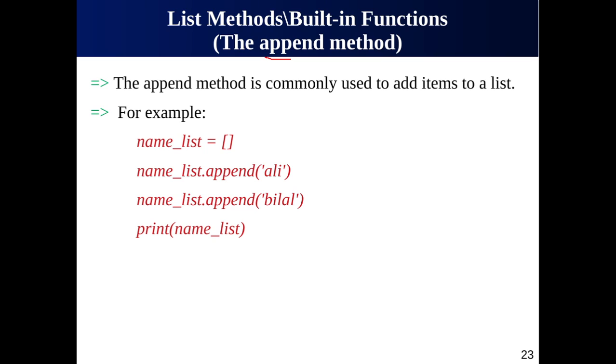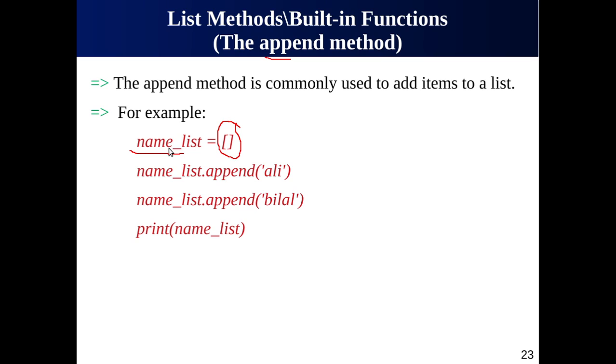As I just mentioned, the append method is a built-in function that adds an item to the list. If you want to add a new item, then you have to pass that item as an argument to the function, and that will be added to the end of the list. Here is an example. Suppose you have an empty list, a list that contains no element.